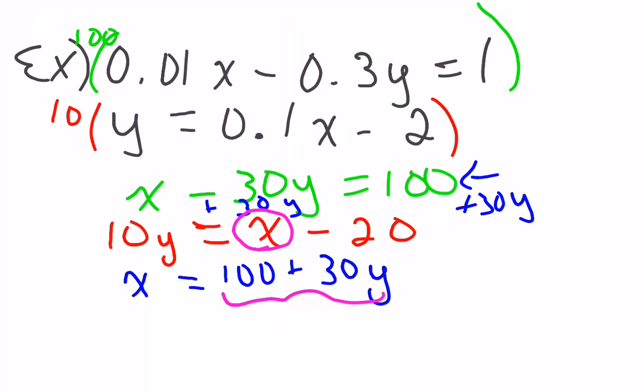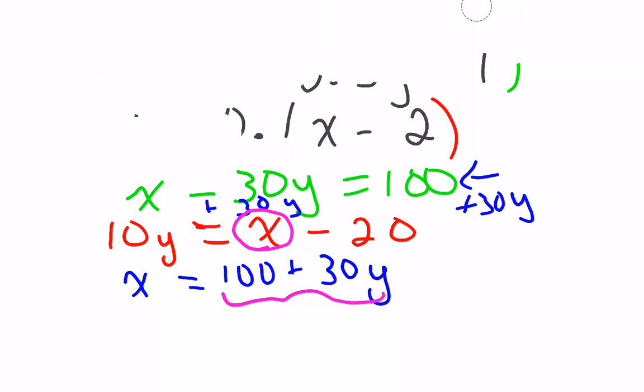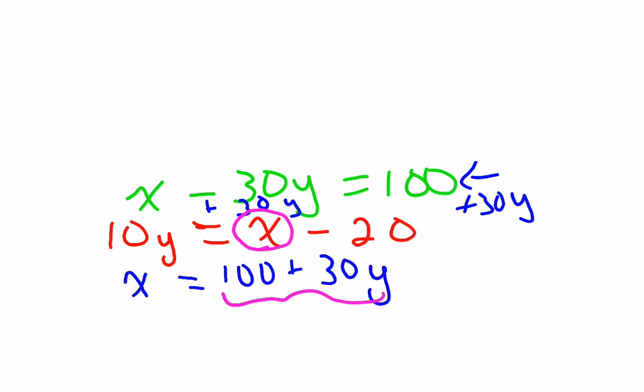And then that way I could substitute all of this in for x into the second one. So let me erase some of this to give ourselves some room. Okay, so I'm going to rewrite this equation here so that I replace the x with 100 plus 30y.